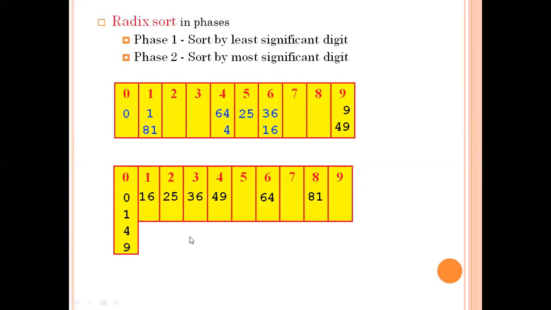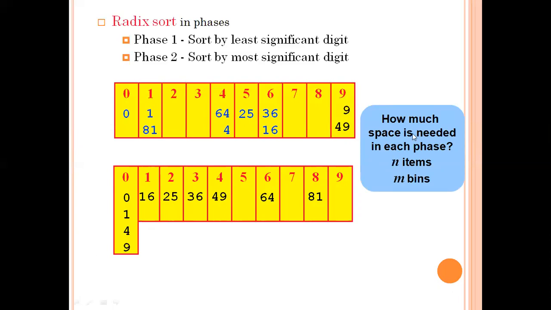If we arrange again after phase 2, we will have 0, 1, 4, 9, 16, 25, 36, 49, 64 and 81. So you can see the list is now sorted. This is the very basic concept of radix sort. We sort according to each digit, and if these are names, then each alphabet, and so on.